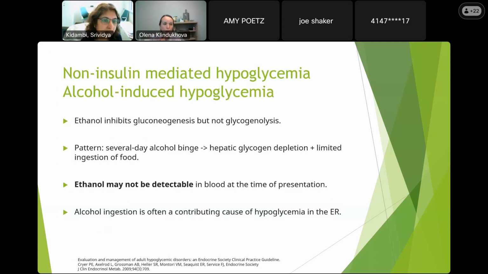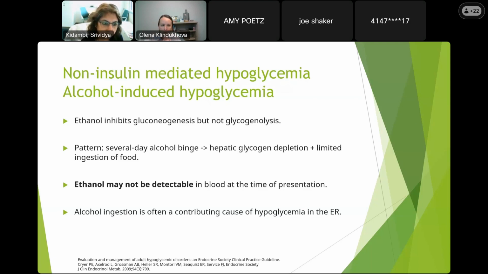All right, so the next slide is, yes, we have seen a lot of alcohol-induced hypoglycemia. A couple of things about it, since it can be quite challenging and hard to point out. Alcohol can inhibit gluconeogenesis, but not glycogenolysis. The typical pattern is that those patients have several days of binging, and then subsequently they have hepatic glycogen depletion, typically around 48 hours, in addition to limited food intake.